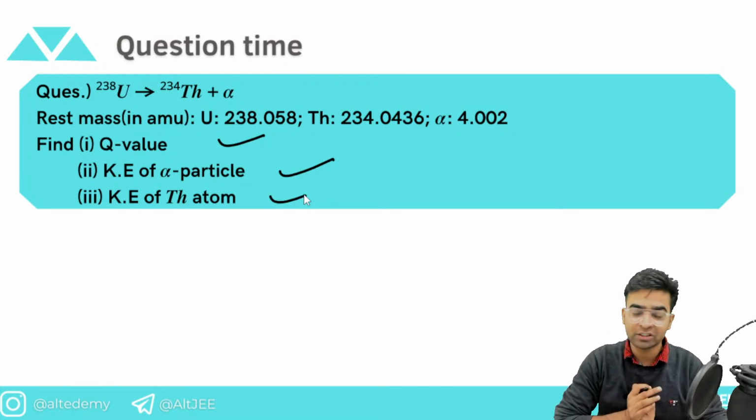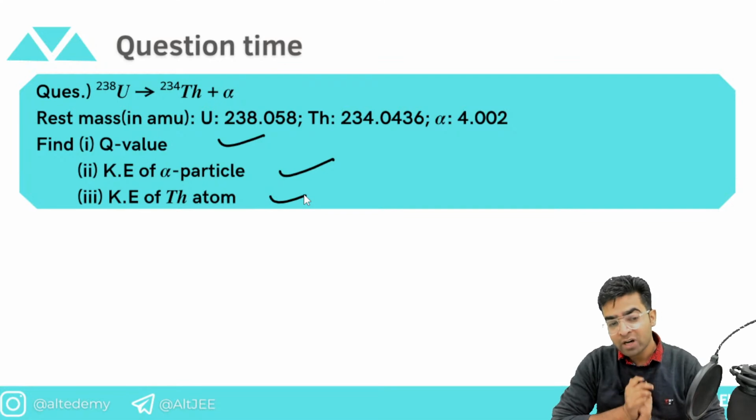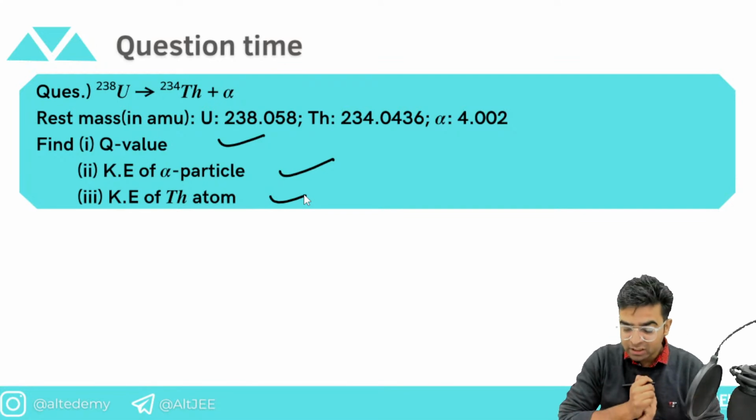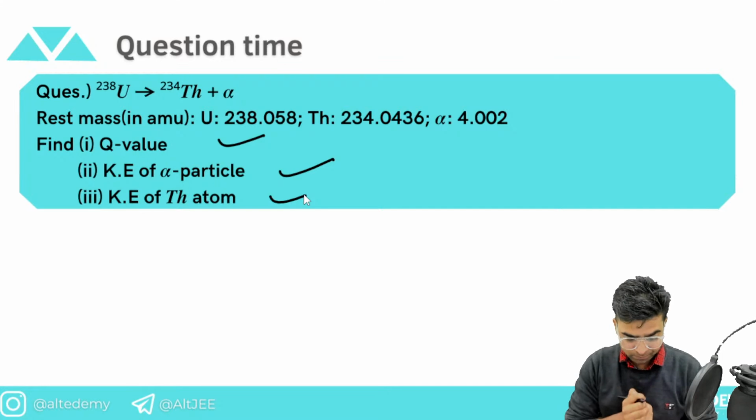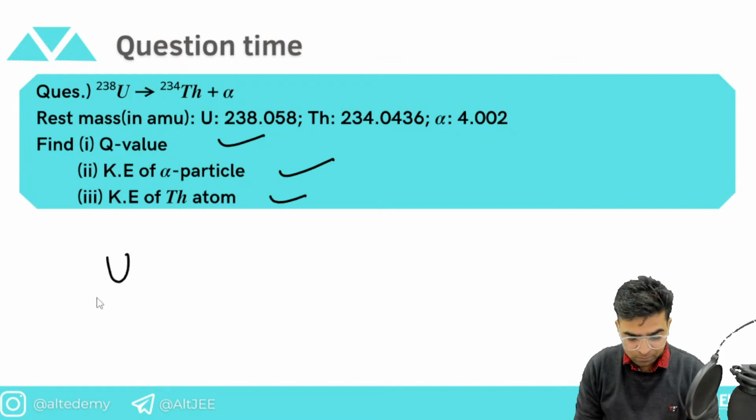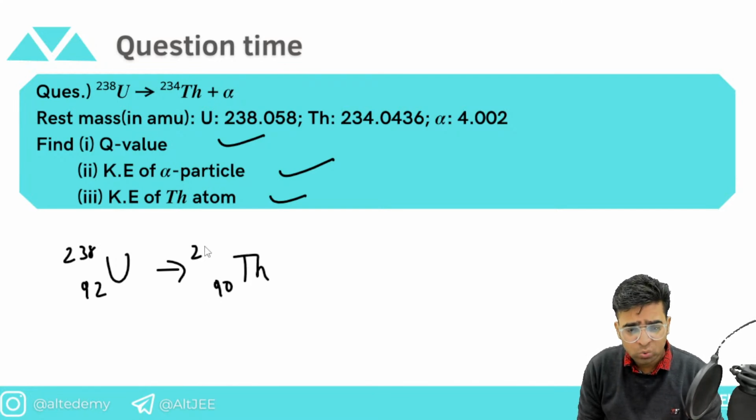First we write the equation: U, atomic number 92, mass number 238, gives Th 90, 234, plus 4 He 2.